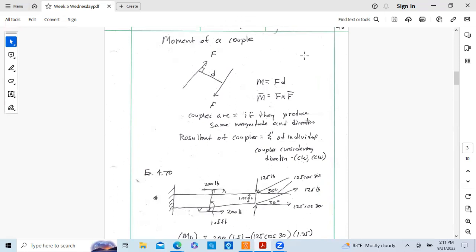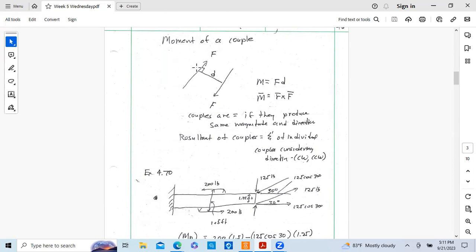A couple: 2 forces parallel to each other, same magnitude, F in this case, opposite directions, separated by a perpendicular distance D. This couple creates a moment. So what is this doing?